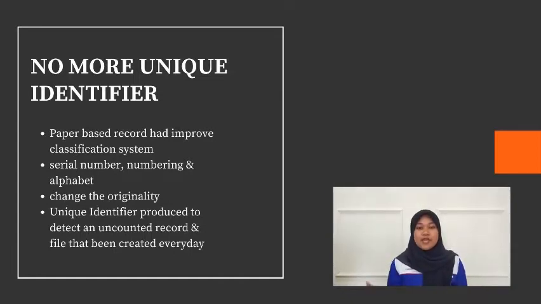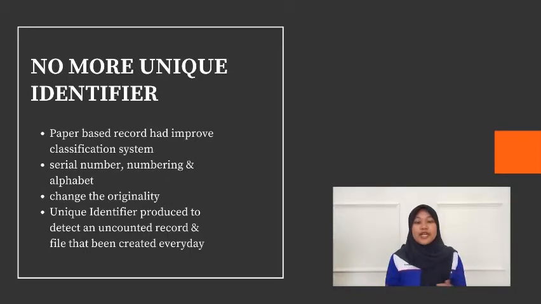For example, the unique identifier is a serial number, numbering, alphabet, and others. So the unique identifier is created to ease the officer in retrieving all the files and records.